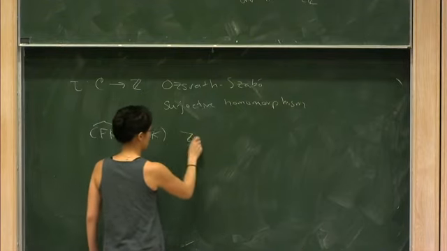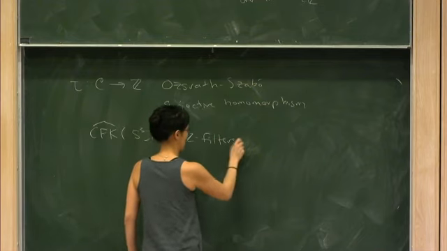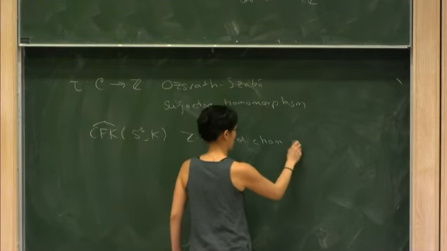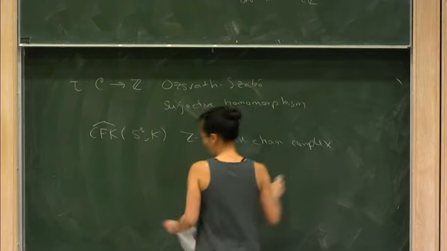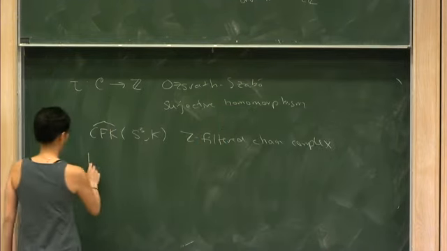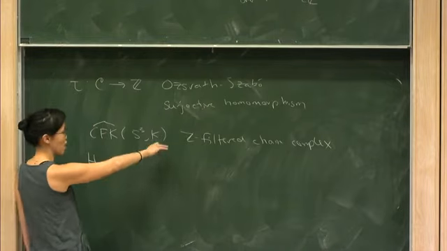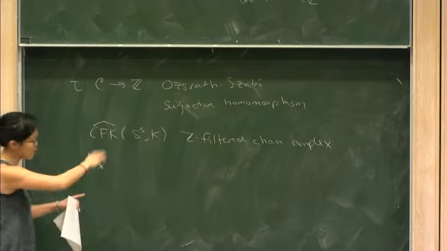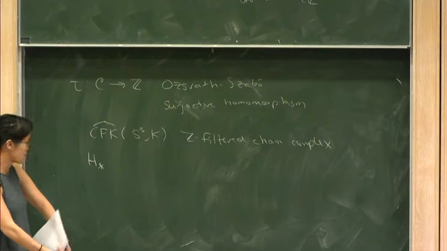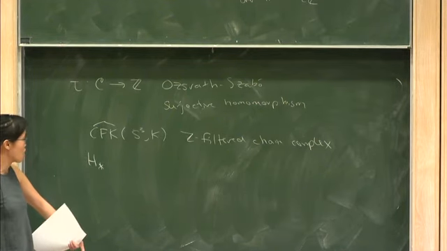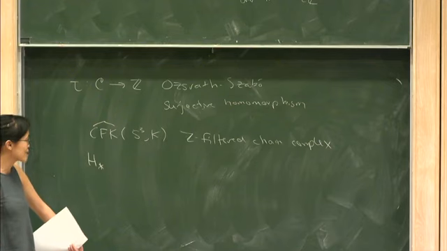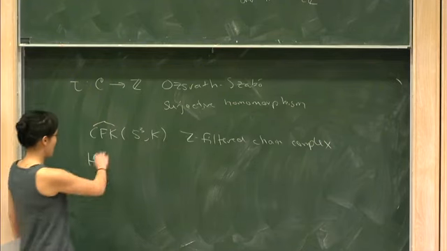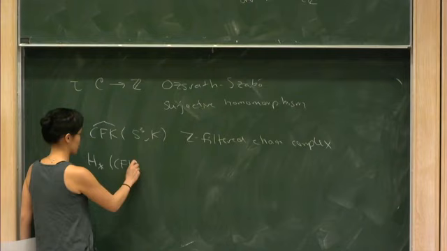This is a Z filtered chain complex. And well, a Z filtered chain complex gives you a nested collection of subcomplexes indexed by the integers, but you can still just take the homology of the whole thing.